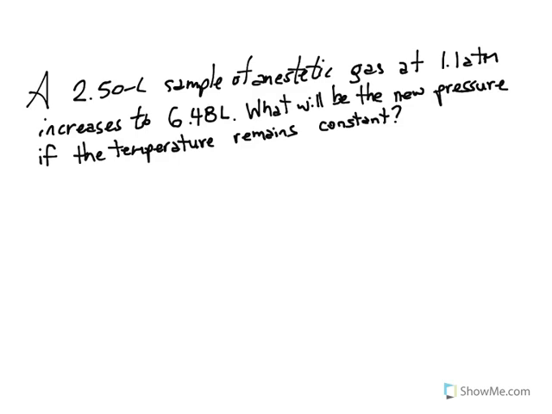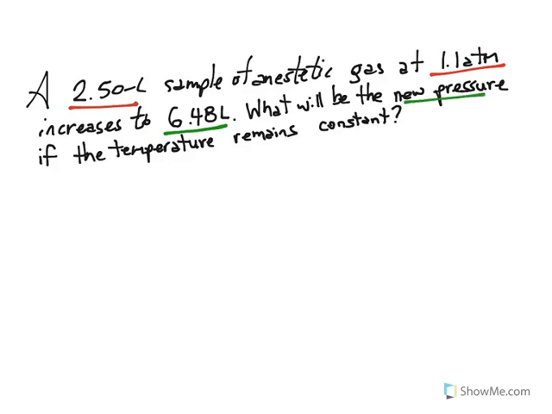So what I recommend is underlining or highlighting or circling the given information. So we know that we have a 2.5 liter sample. We know that its pressure is 1.1 atmosphere. And then we know that it changes to 6.48 liters, and it wants to find the new pressure.